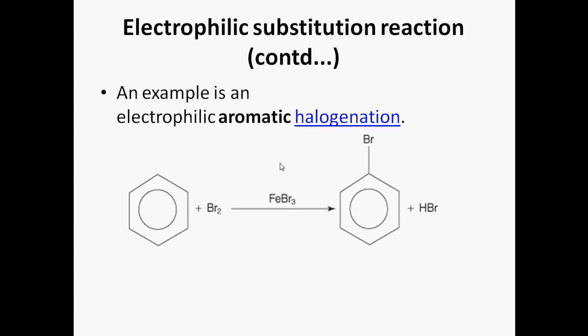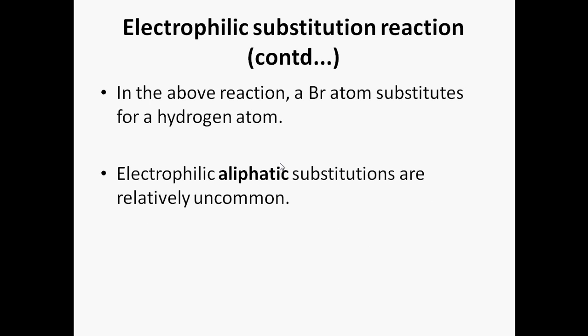An example of electrophilic substitution reaction is given, that is aromatic halogenation, where benzene reacts with bromine and forms a new compound. In the above reaction, a bromine atom substitutes for a hydrogen atom. Electrophilic aliphatic substitutions are relatively uncommon.